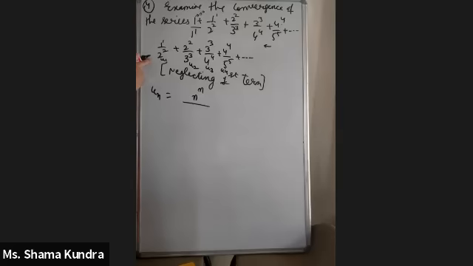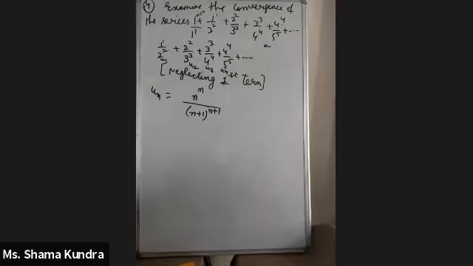See, in the denominator we have 2 raised to power 2. For u2, 3 raised to power 3. For u3, 4 raised to power 4. For u4, 5 raised to power 5. So for n we have n plus 1 raised to power n plus 1.